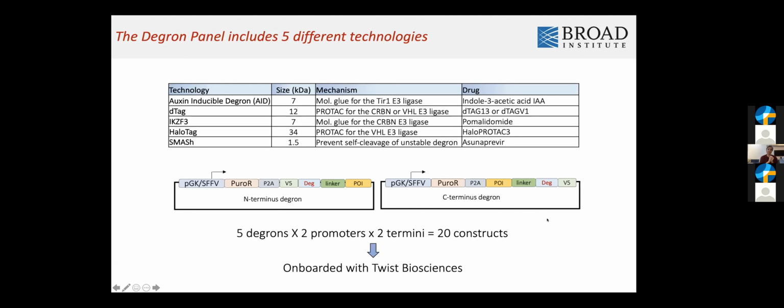So basically we have 5 Degrons, 2 promoters, 2 termini, a total of 20 constructs. It's a lot of constructs to clone in-house. So to facilitate our work, we onboarded everything with Twist Biosciences. And so now, with one click, we can have our ORF of interest cloned across the whole panel, and in a few weeks get back the reagents that we need.